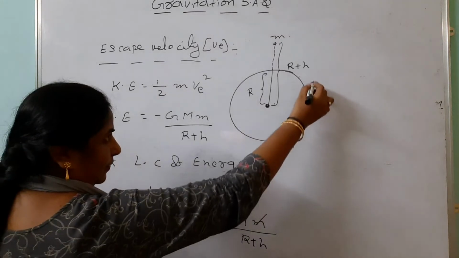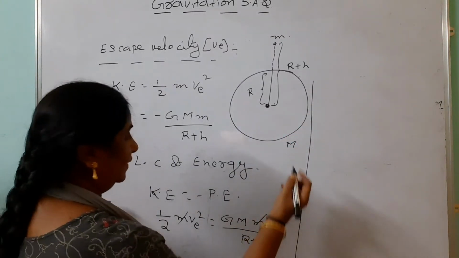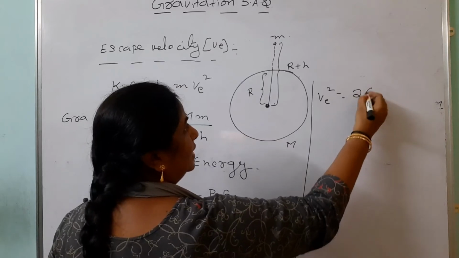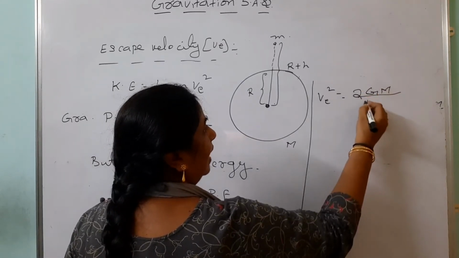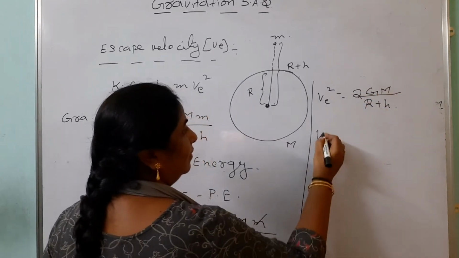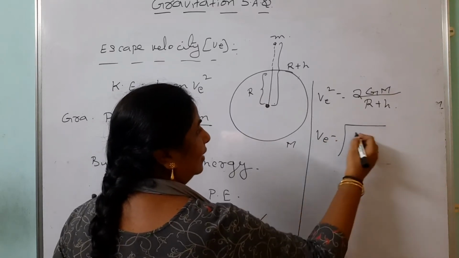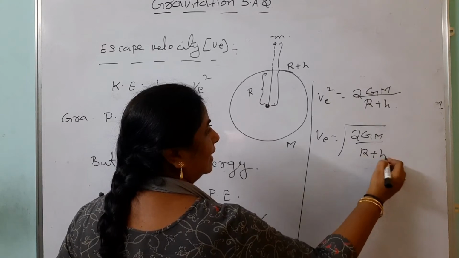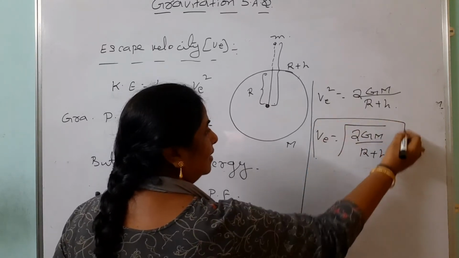You are getting v square equals 2GM by R plus h. Then v equals under root 2GM by R plus h. Till here also we can write it, you will get the mass.